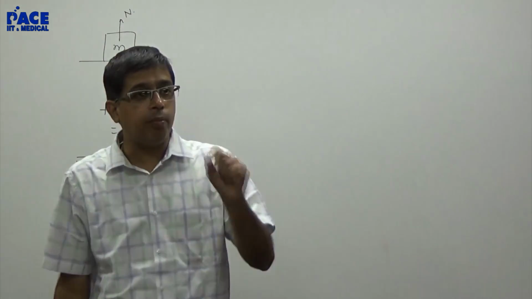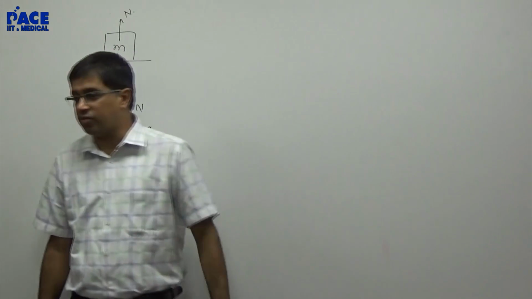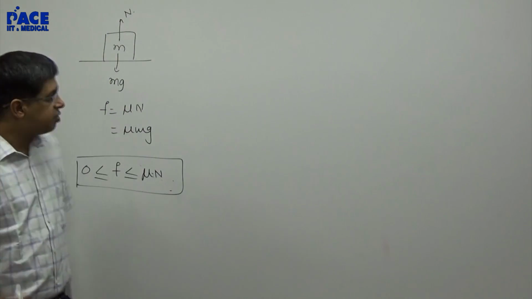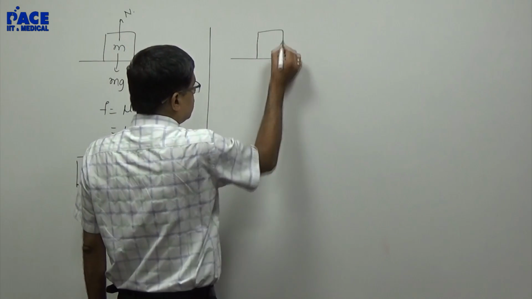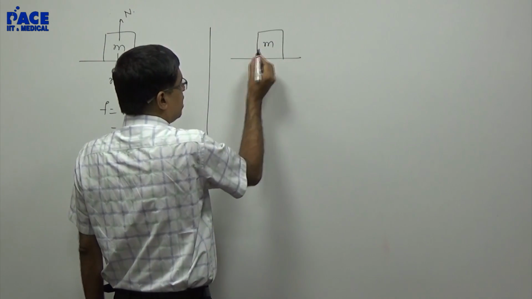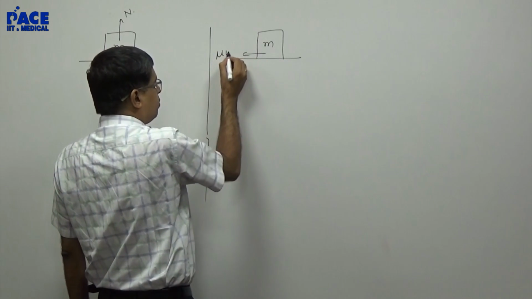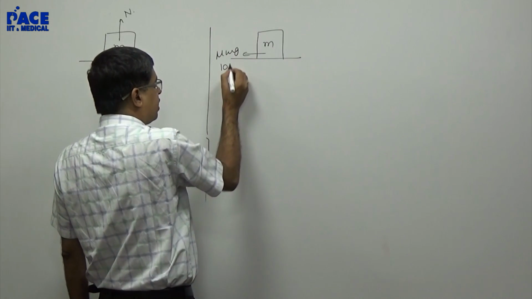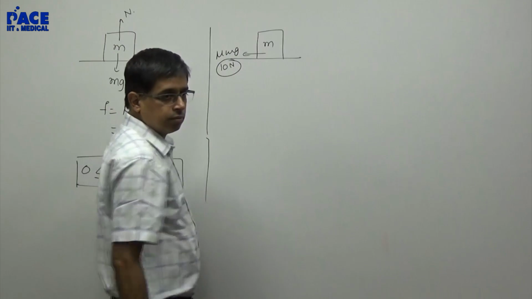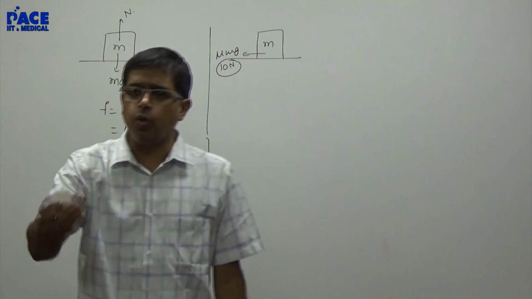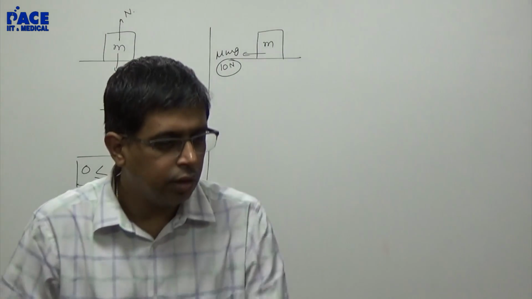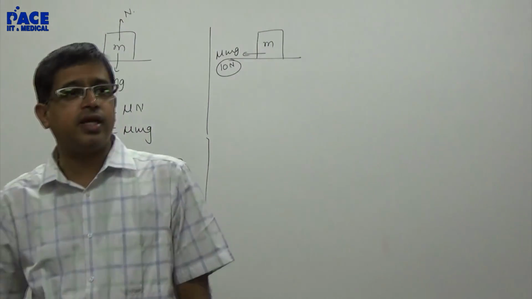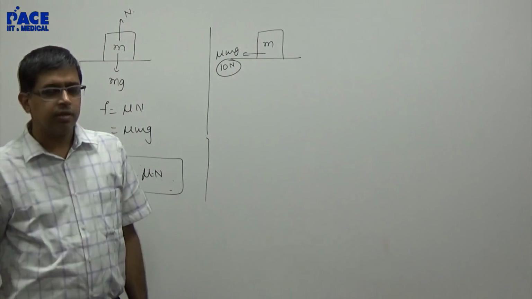It's an intelligent force. Its purpose is to oppose relative motion between two surfaces. What does that mean? I will take a numerical example. Observe this carefully. Suppose this is mass m and mu mg turned out to be 10 Newton. Mass and mu are so adjusted that mu mg is 10 Newton. So what is the limiting friction acting on it? 10 Newton.